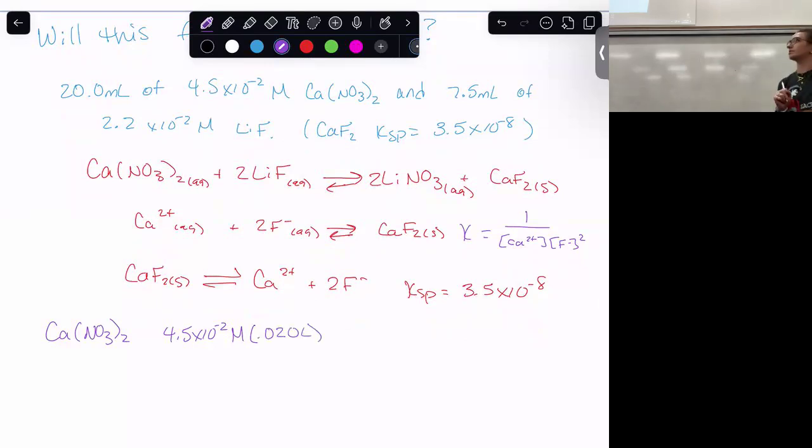We do have to change it this time. Right, so that would be saying that we have 9.0 times 10 to the negative 4 moles of calcium ions.